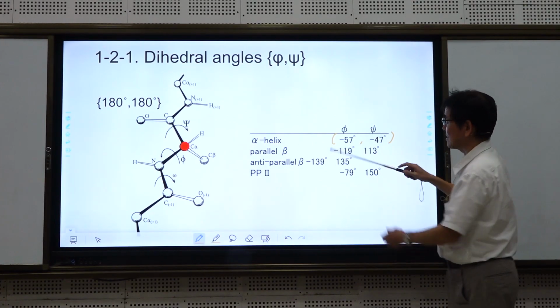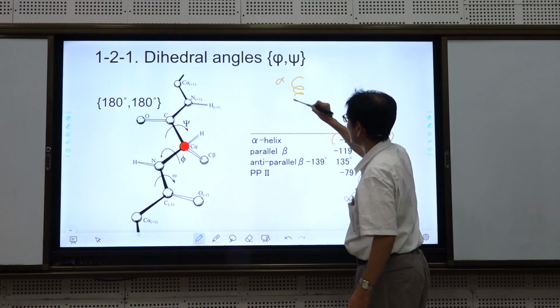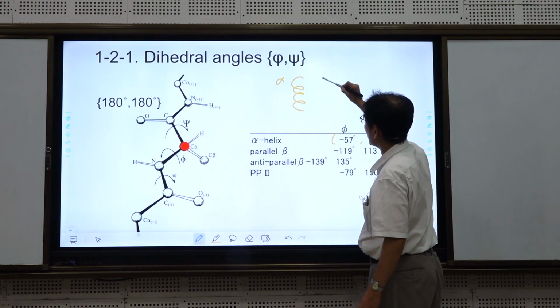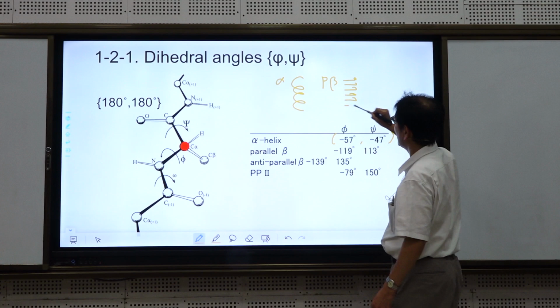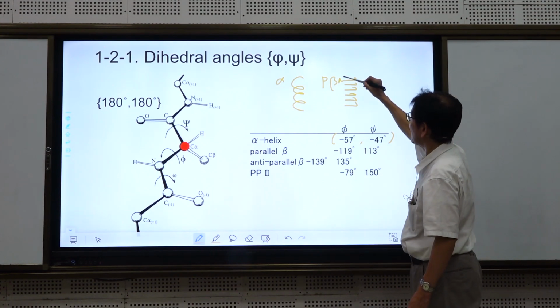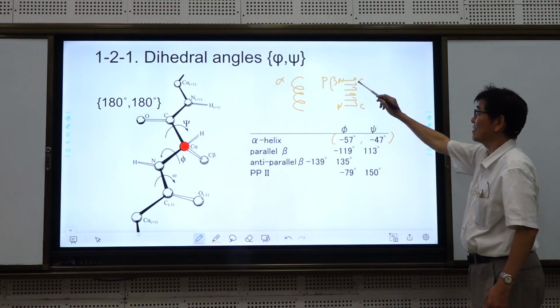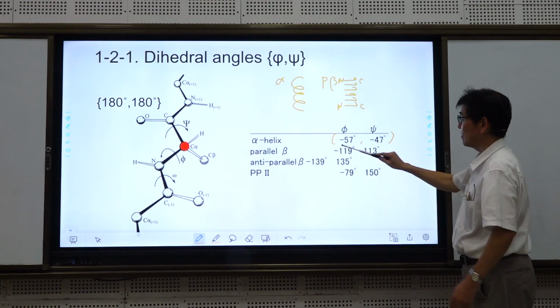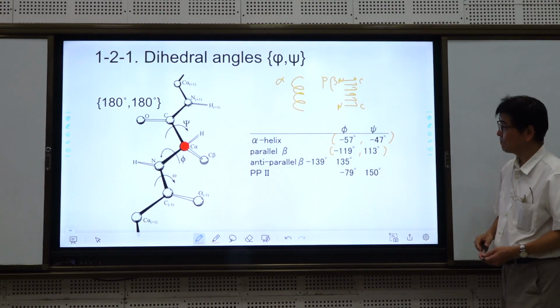And in the case of parallel beta structure, the alpha helix is something like this, and parallel beta: NC, NC, all the same direction. Then the dihedral angle should be in this region.